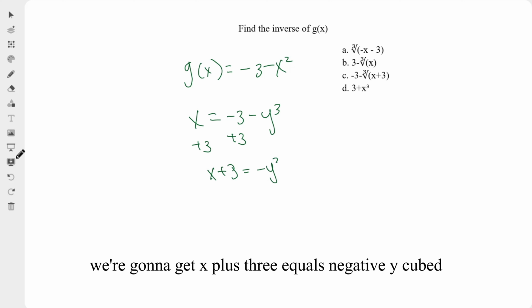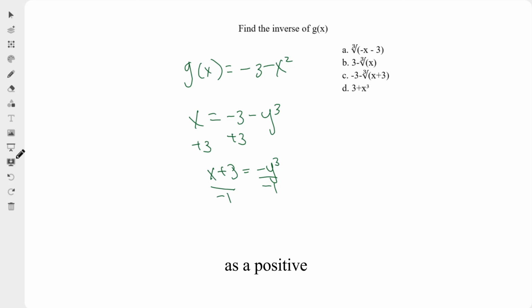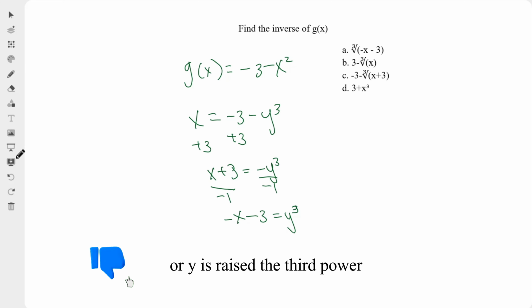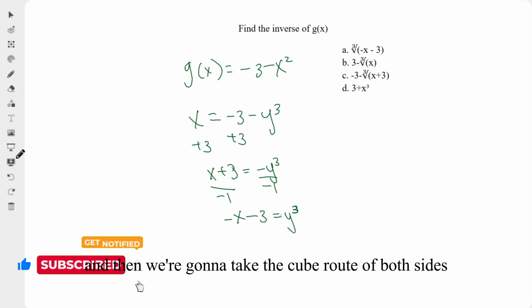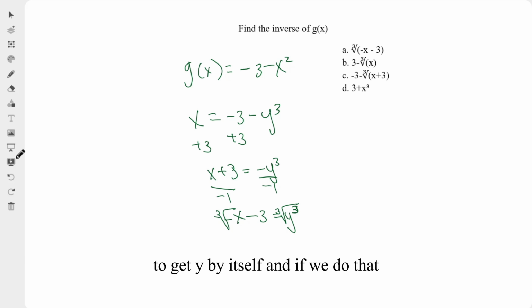equals -y cubed. We're going to divide by -1 to get y as a positive, because we want y to be positive. So we'll get -x minus 3 equals y cubed, or y raised to the third power. And then we're going to take the cube root of both sides to get y by itself.